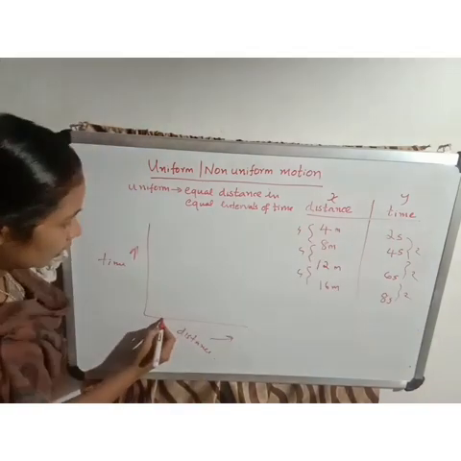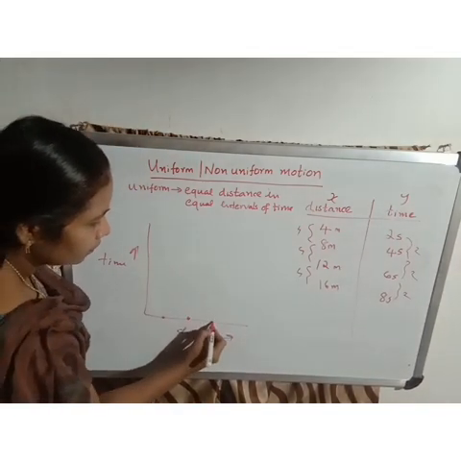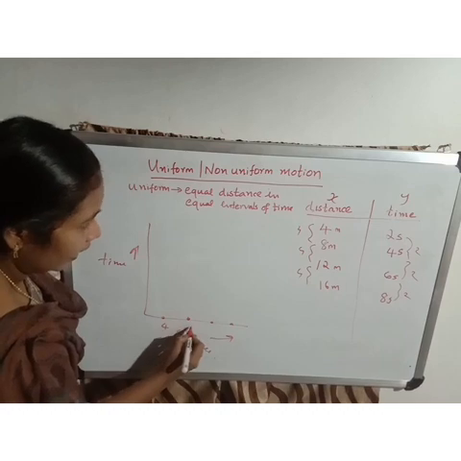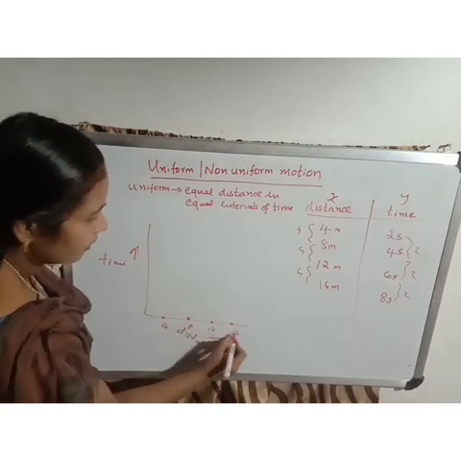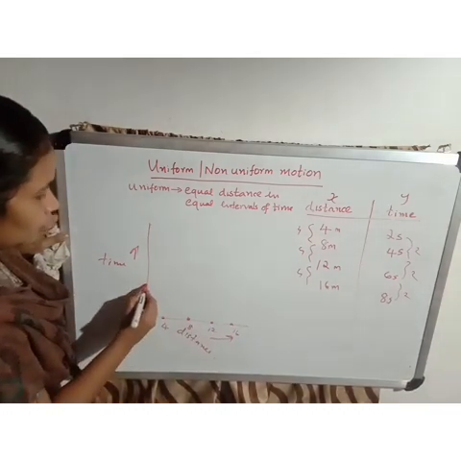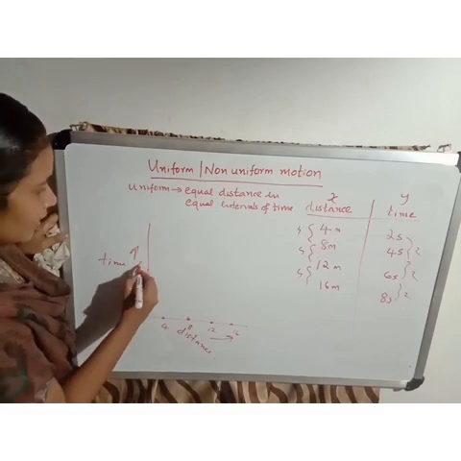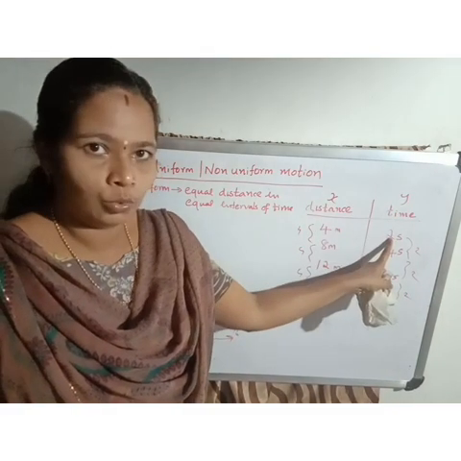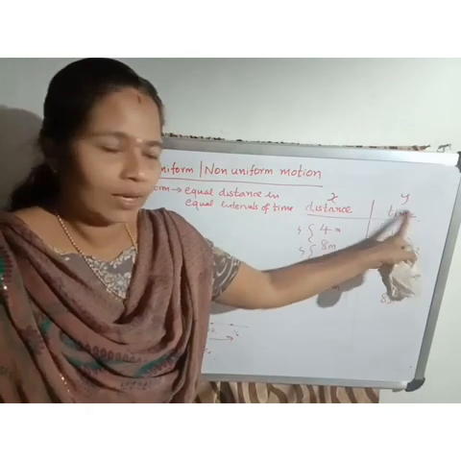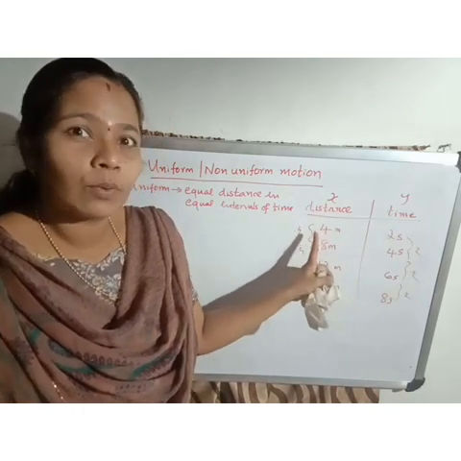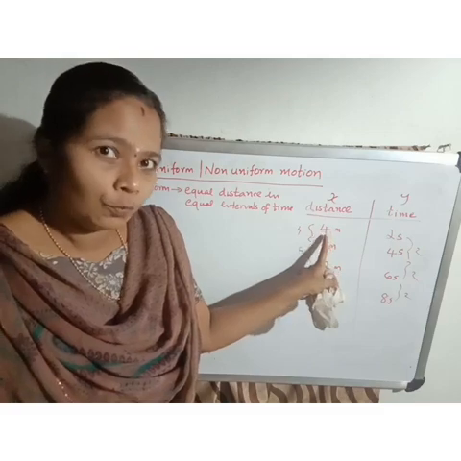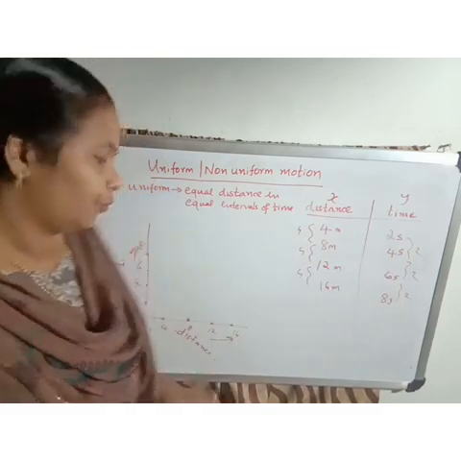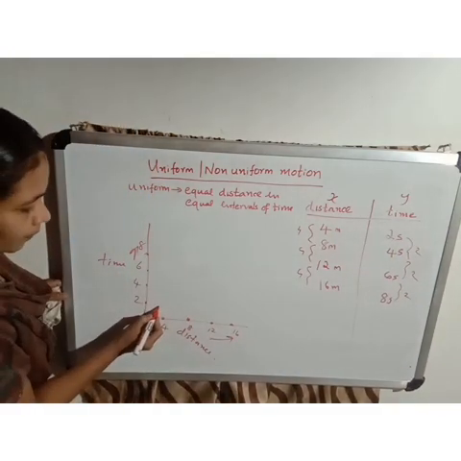I am plotting all the values now: 4, 8, 12, 16 and then 2, 4, 6, 8. Ordered pair means x, y value. So the first x, y value we need to plot is 4 from the x-axis and 2 from the y-axis, which will be here.